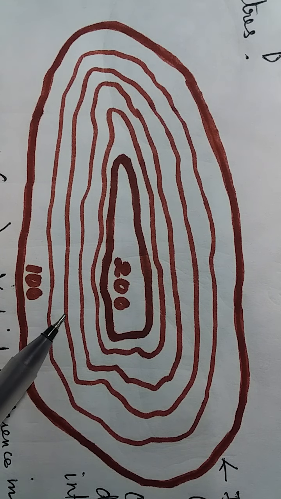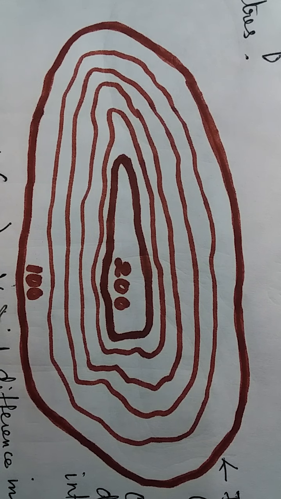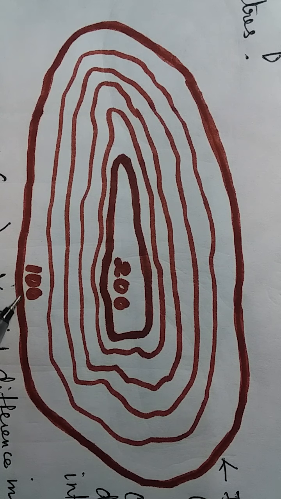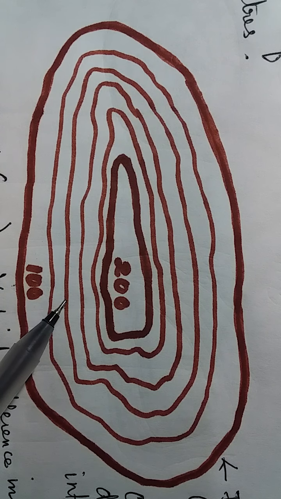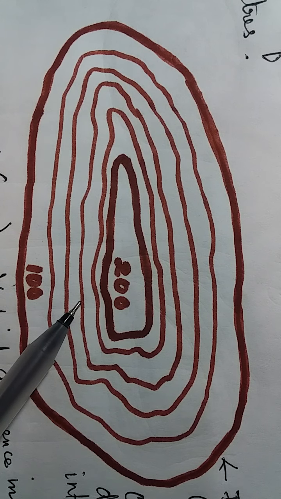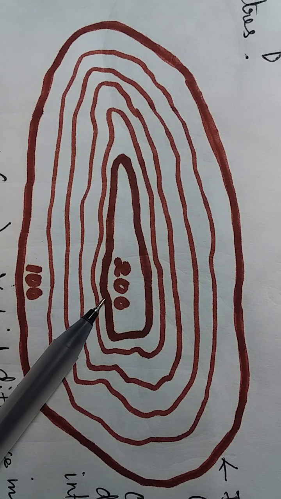And contour lines are drawn at an interval of 20 meters. So if this is 100, the next one will be 120, next one 140, 160, 180, and so the next one will be 200.